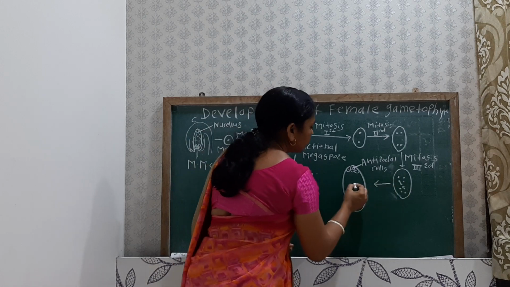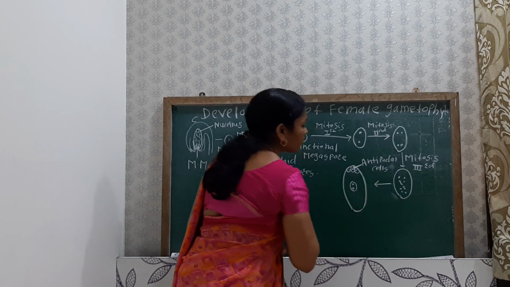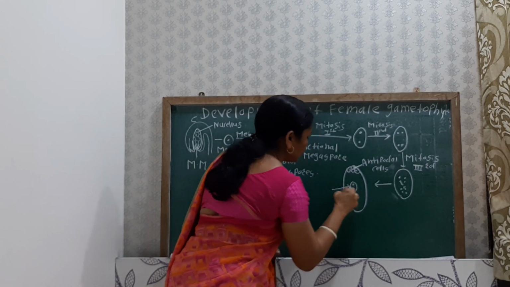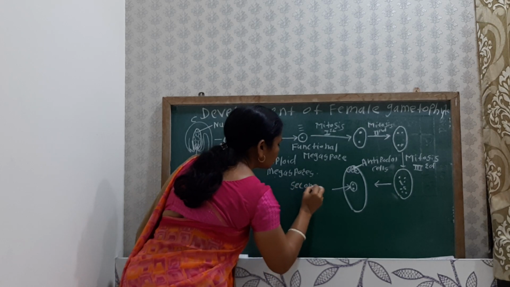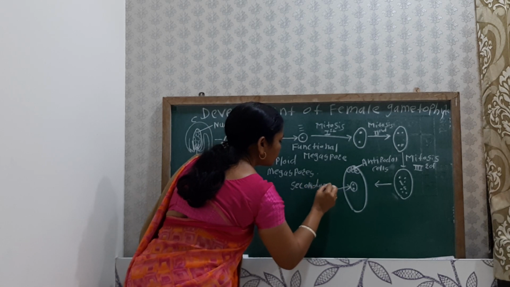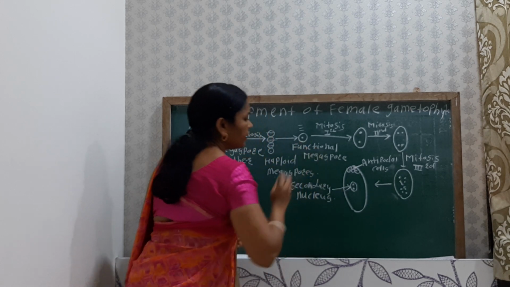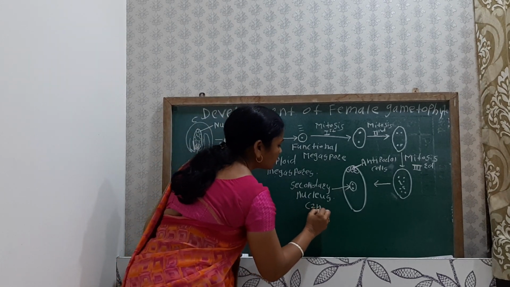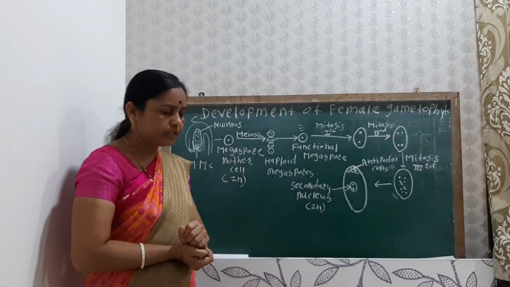So here the 2 nuclei are arranged at the center and they get organized into a cell and produce the secondary nucleus. This secondary nucleus is diploid, 2n, because there are 2 nuclei.